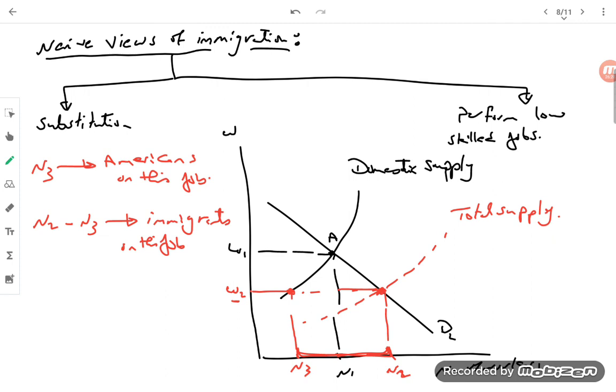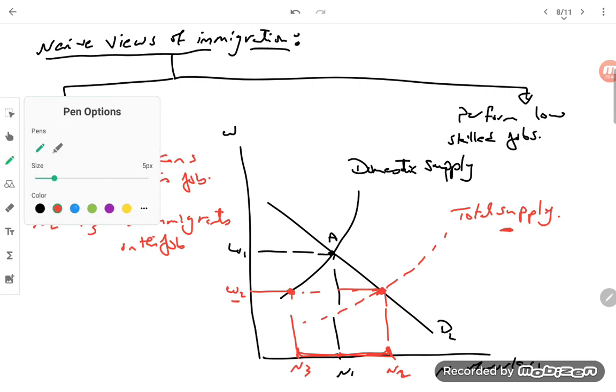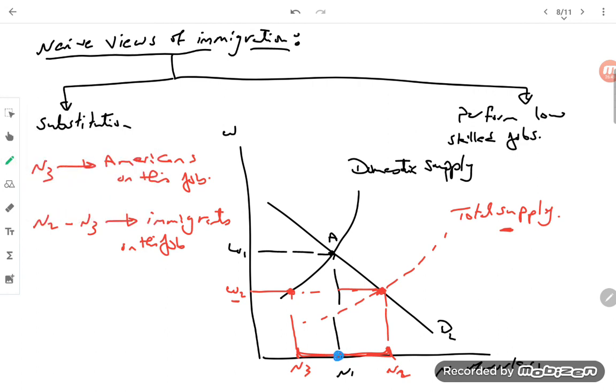So what's the loss in jobs in this market for the American residents? Before migration, the employment level is N1 and now it is N3.